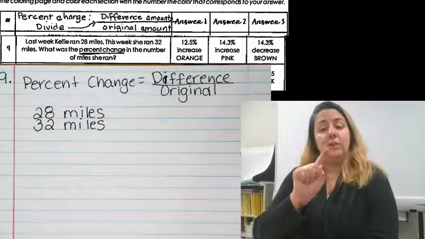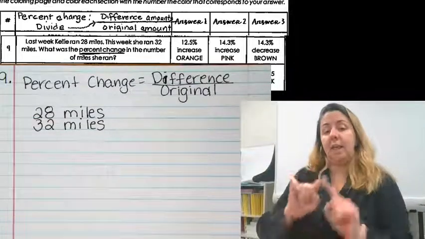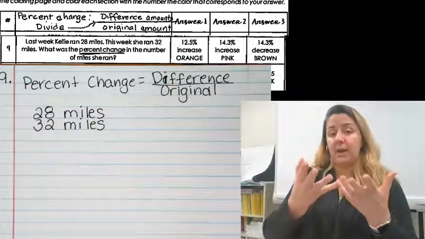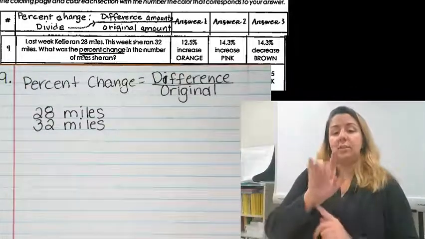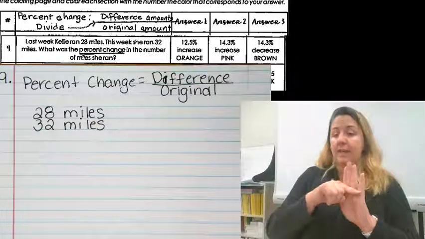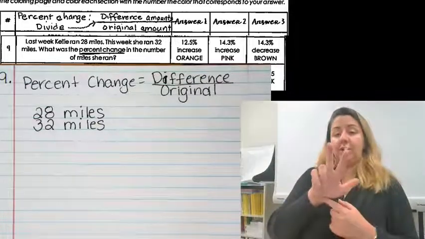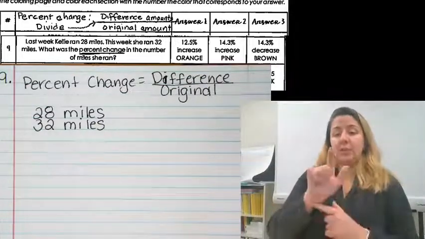So, you need to first find the difference, the subtracted amount. So, you're going to take 32 minus 28. We don't want a negative number here.